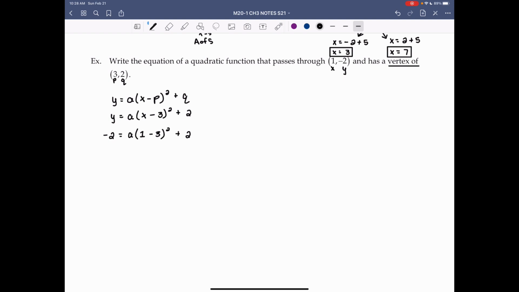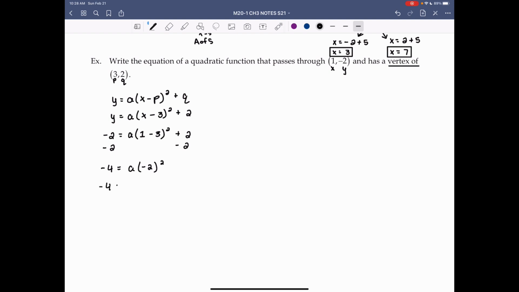So start isolating a. I'm going to subtract 2 from both sides to move this positive 2 to the left. I get negative 4 equals a times, I can simplify the brackets, 1 minus 3 is negative 2, and then squared.